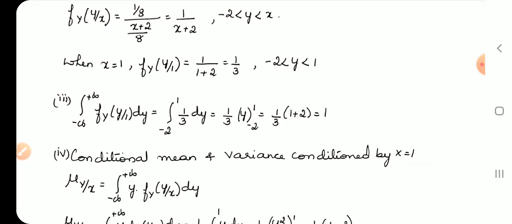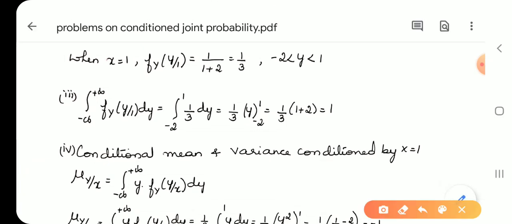Now let us take the next problem. Integral from minus infinity to plus infinity of fy of y, that is the conditional PDF of y for some value of x. Here the value of x is given to be 1, so it is minus 2 to 1. The value of fy of y by 1 is 1 by 3, dy. When you integrate 1 by 3 into y, apply the limits minus 2 to 1 and simplify, you get the value 1.